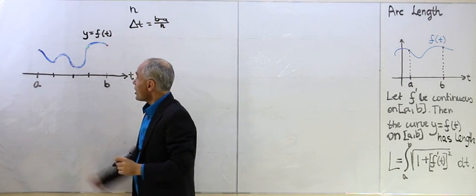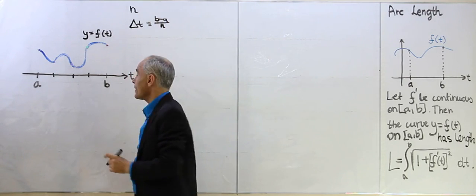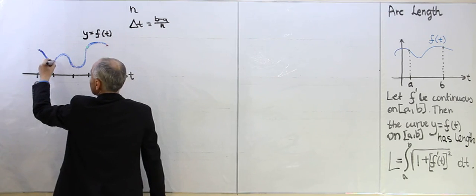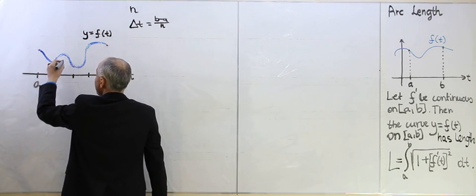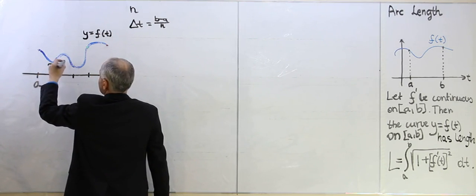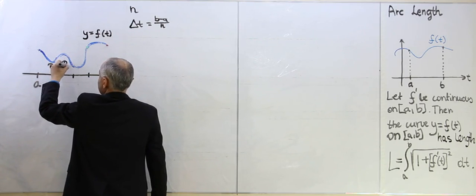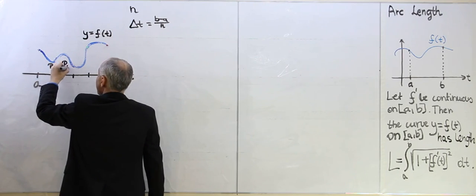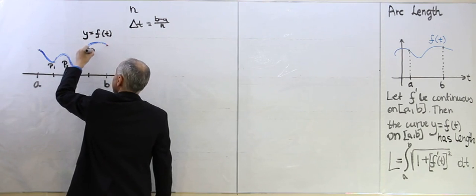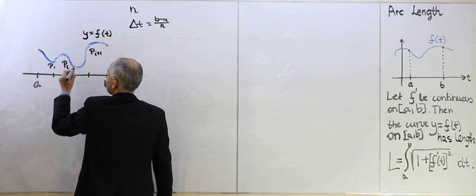And then we mark on the curve points corresponding to our subdivision. So say this would be point P1. Maybe that could be point Pi, and this one Pi plus 1, etc.